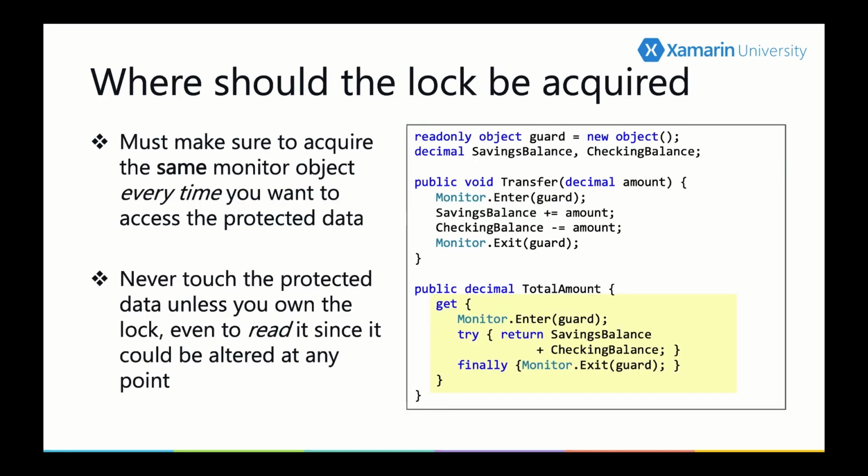We still have a bug, even if we add this Monitor.Enter and Monitor.Exit into the transfer method of our bank account, because we have only protected the spot where we update our balance information. If you look at our total amount property, you see that this includes summing up the savings balance and the checking balance.